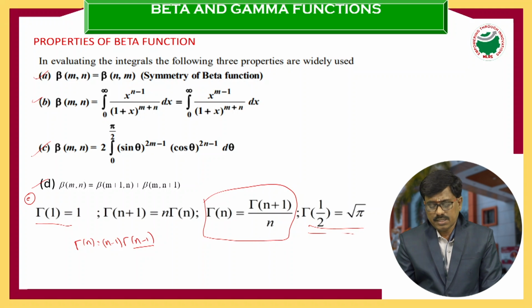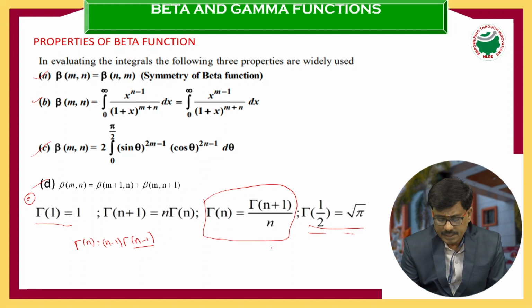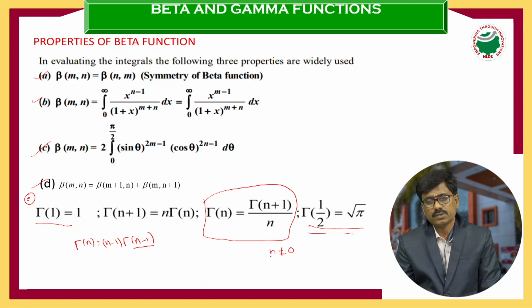In this case you must understand how to define this rational function. For this rational function, we can't define it for n equal to 0. But we can define it for the negative integers, minus 1, minus 2, etc.